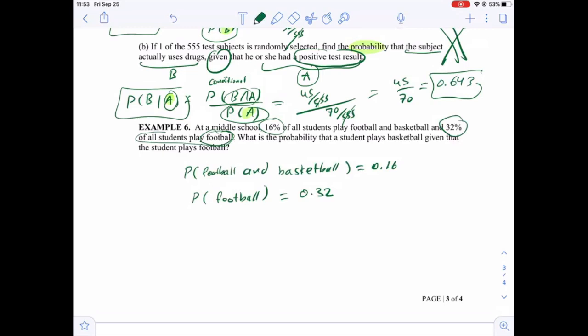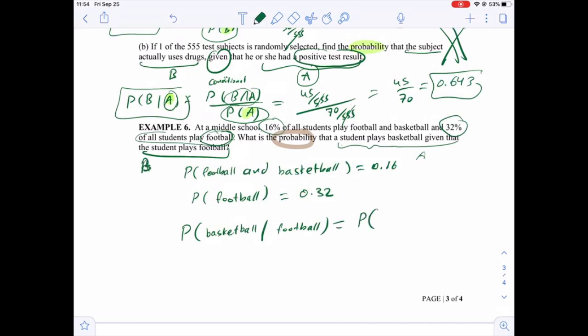Now here's the question: we want to find the probability that a given student plays basketball given that the student plays football. Or you can use simply A and B here, and use the formula above.